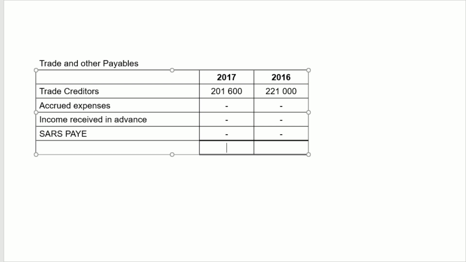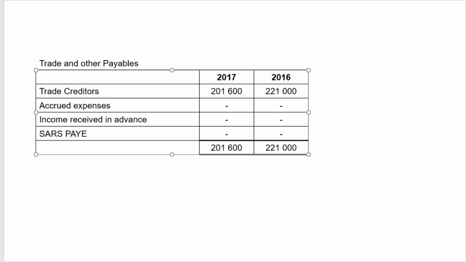Here we're going to have 201,600, then we're going to have 221,000. Then this is where we compare now. In 2016 we had 221,000, and in 2017 we have 201,600 rands.